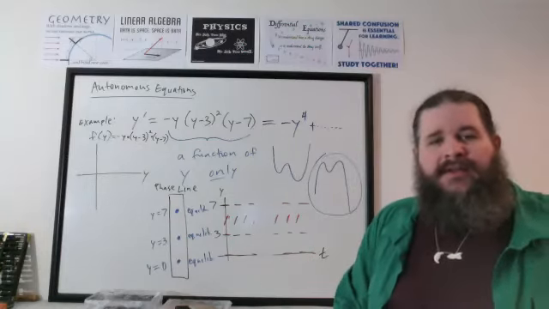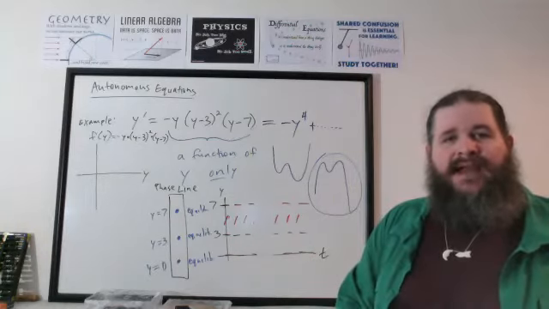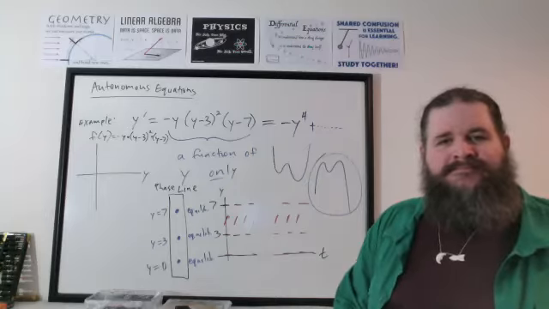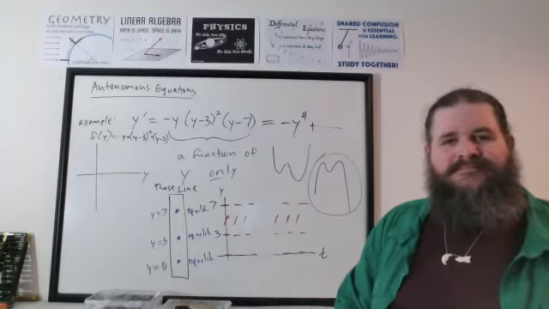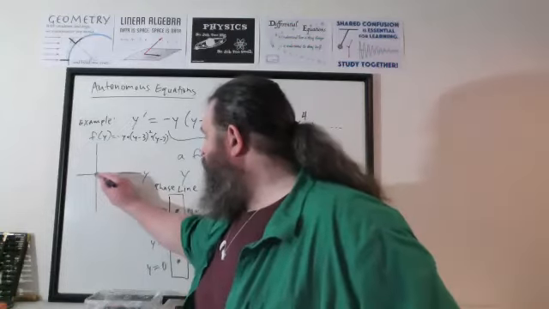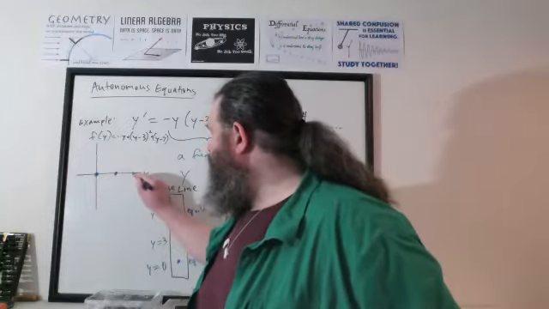And what do we know about the intercepts? Where is it going to hit the axis? Three, 7, and 0. Yeah, so we can mark those right away. 0, 3, and 7.